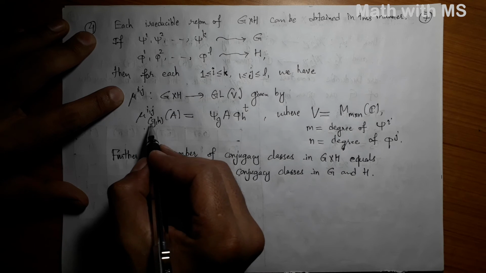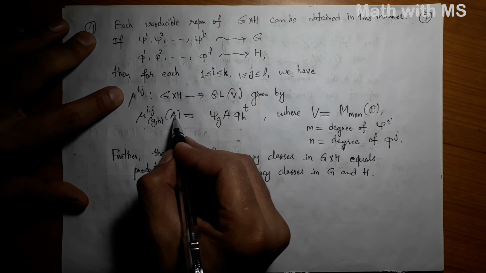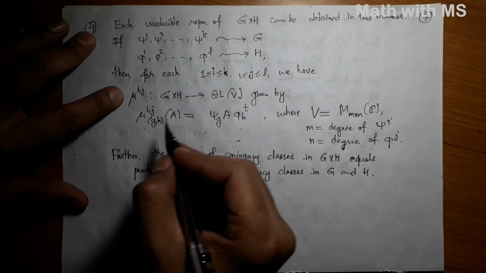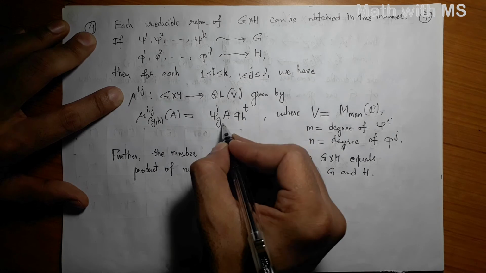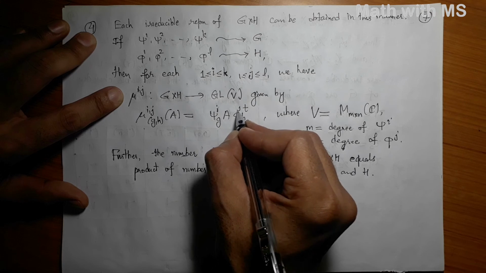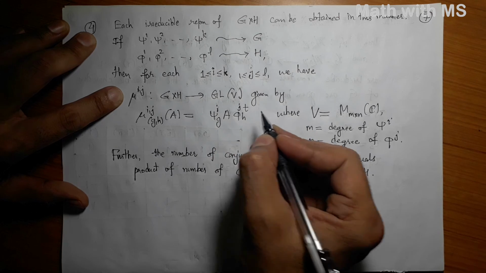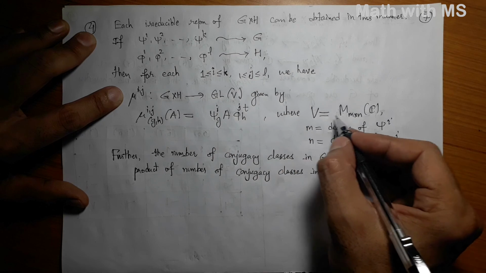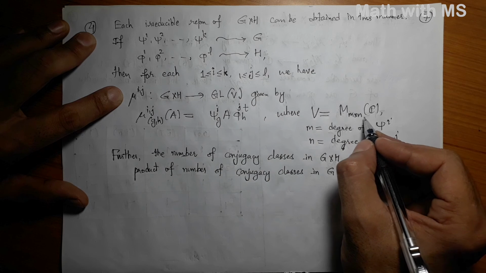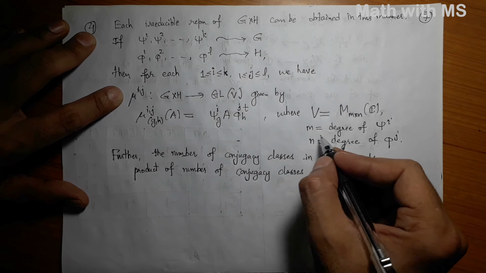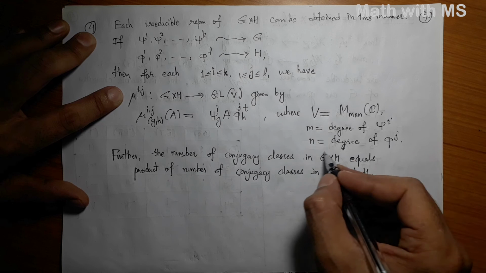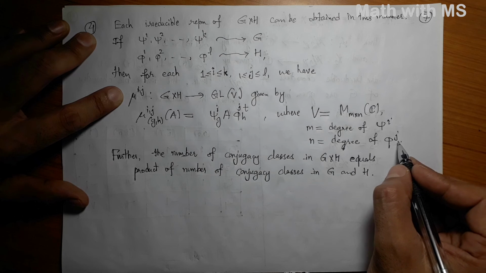So mu ij of gh acting on an element A of this vector space V is defined to be psi i of g A phi j of h transpose, where V is the vector space of all m by n matrices over C, with m being the degree of psi i and n being the degree of phi j.